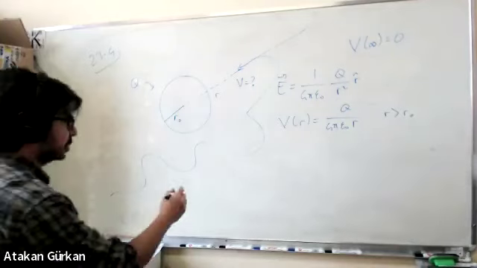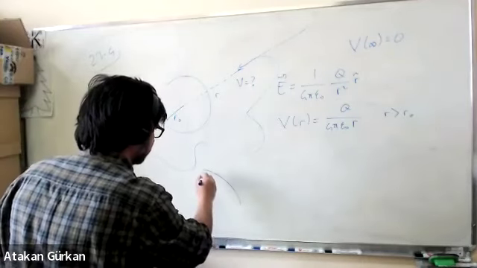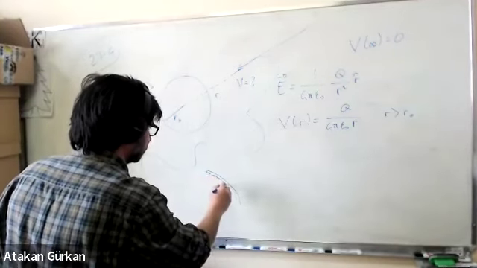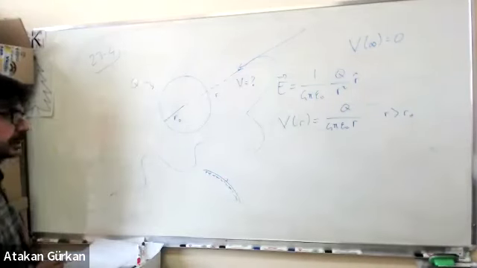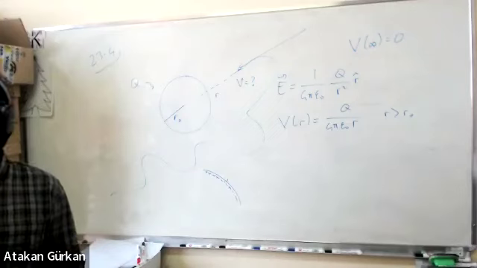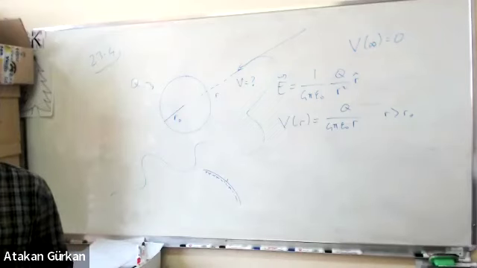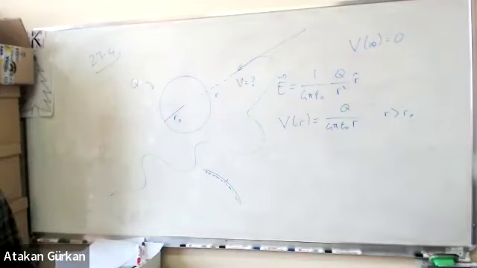So let's say that you're just outside the sphere, and all these charges are accumulated on the surface, and you go from here to here. Can you have a big jump in your potential? Can your potential be discontinuous? Or does it have to be continuous?